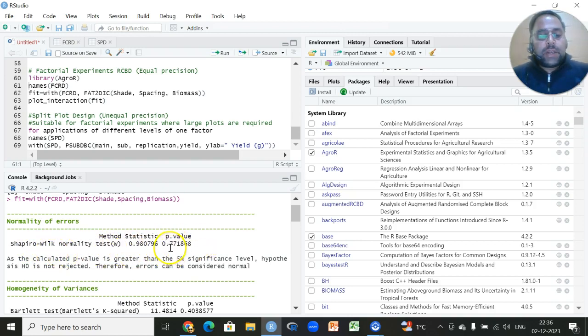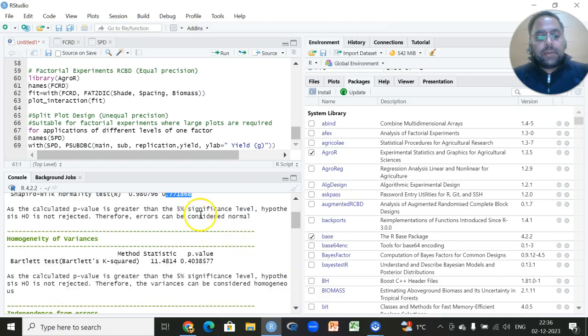It should always be non-significant because it assumes a null hypothesis that the distribution of errors is normal. Here, as the calculated p-value is greater than the 5% level of significance, the hypothesis is not rejected. Therefore the errors are considered to be normal. In the case of Bartlett's test, we have a non-significant test here.